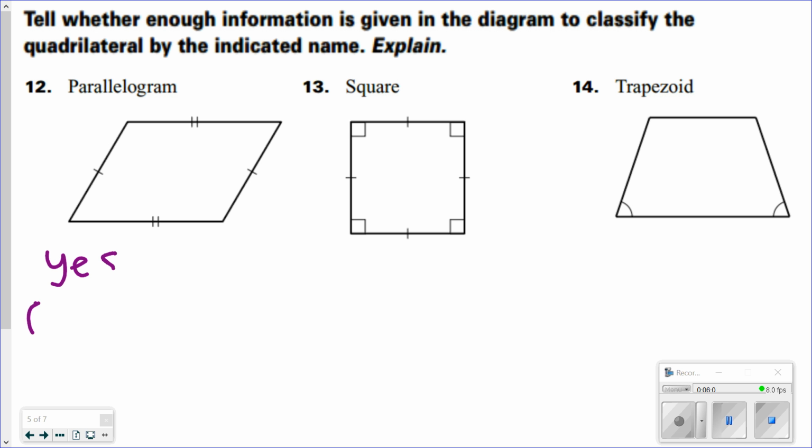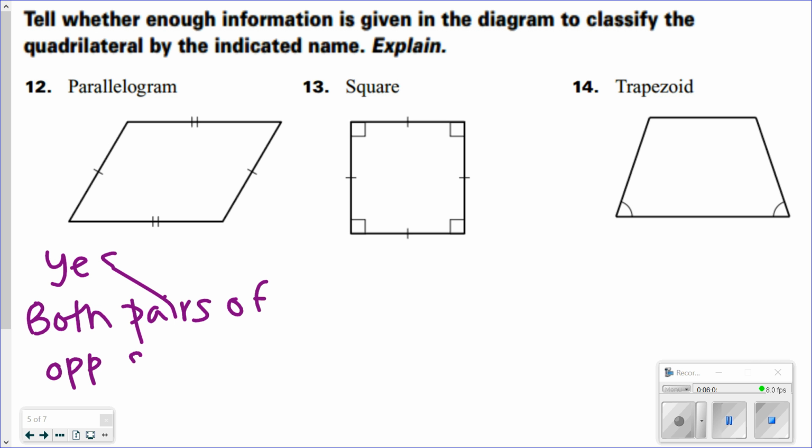Because both pairs of opposite sides are congruent. Number 13, is this enough information to prove that this is a square? Yes or no? The answer is yes, because by definition, a square has 4 congruent sides and 4 right angles.